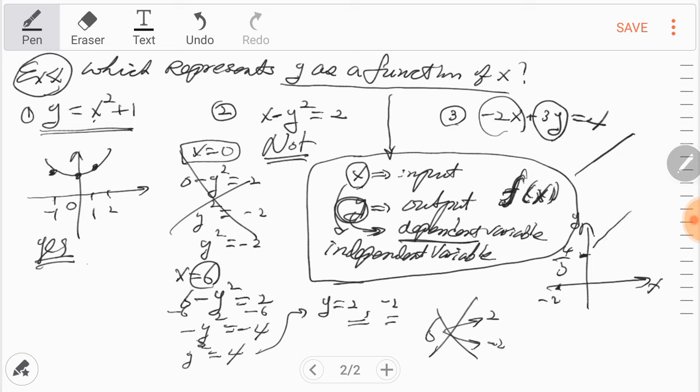This is a straight line. So for this straight line, for each x value, there is only one y value. For x equals 1, here's a y value, x equals 2, another y value, x equals 3. So each x value matches with only one y value. So yes, this is a function.